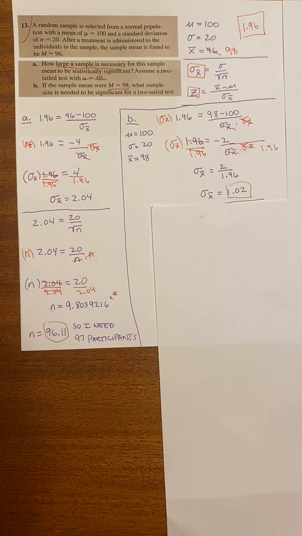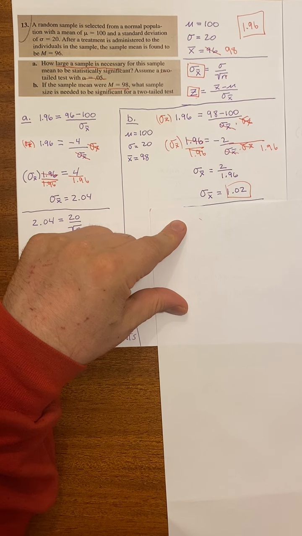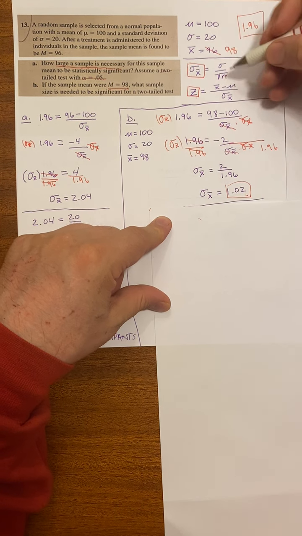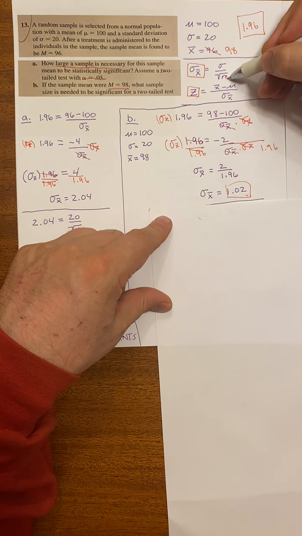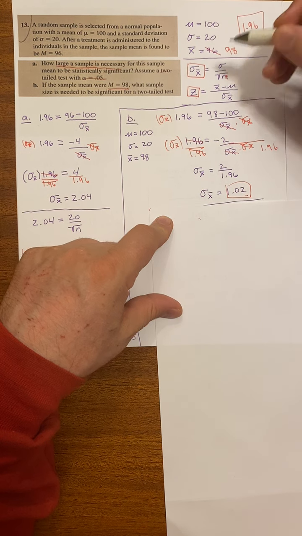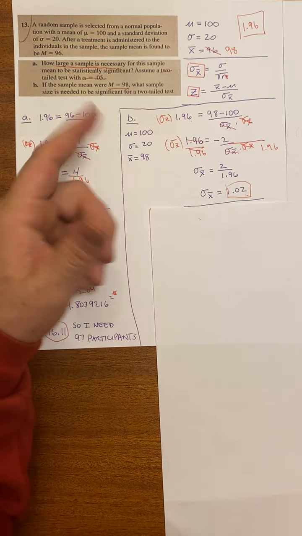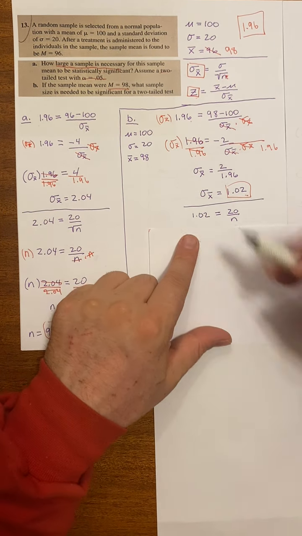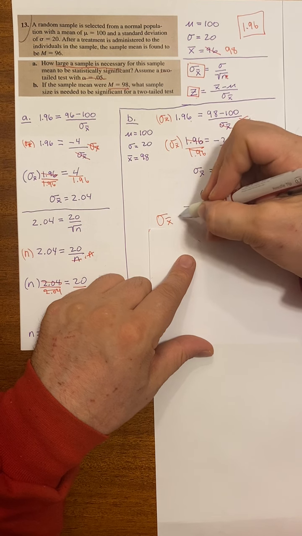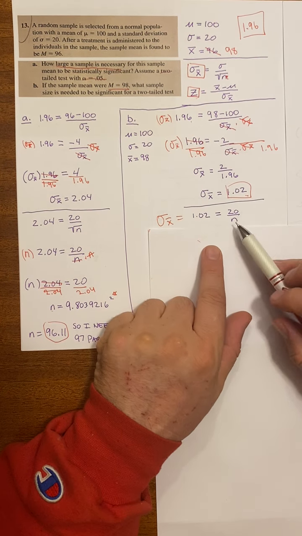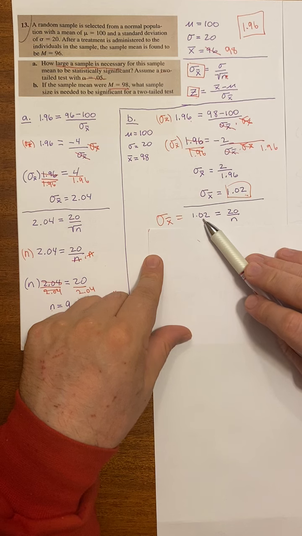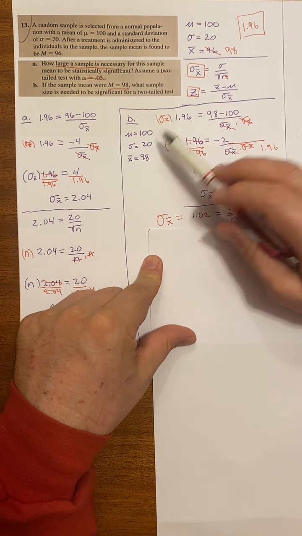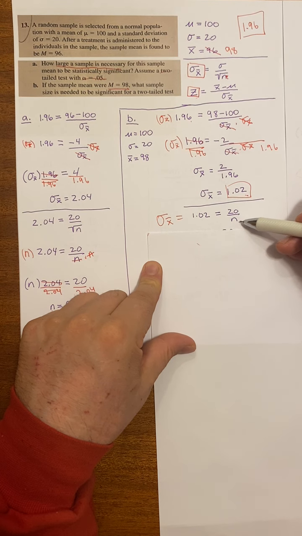Now I can use that 1.02 in my standard error equation to help me figure out what my n is that I have to have for that 1.96. So it's our new standard error equation, where the standard error is the 1.02, and that's going to equal the standard deviation of 20 over some n that we don't know.